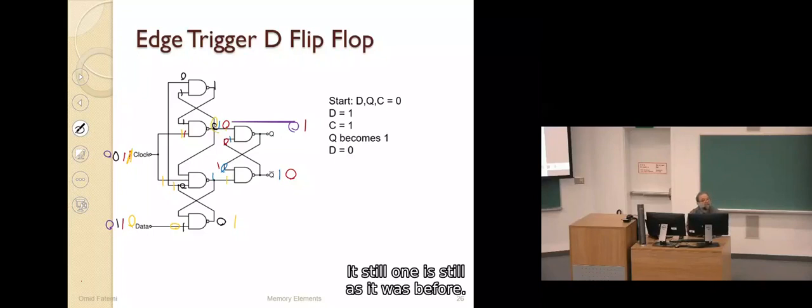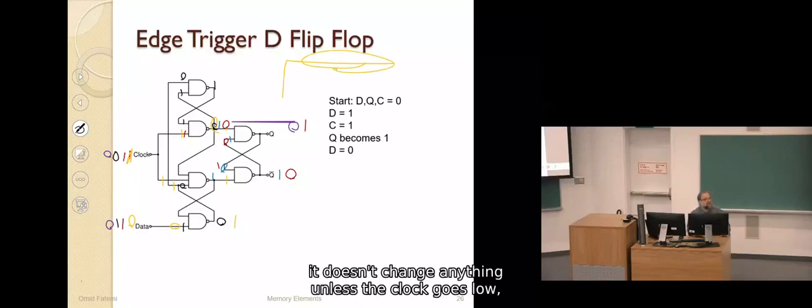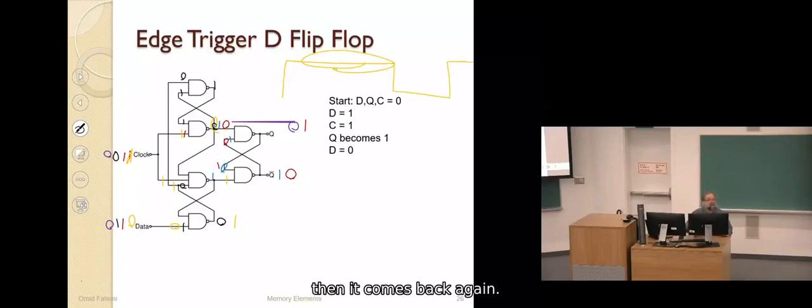It is still as it was before. So even if the data becomes low during the high level of the clock cycle, it doesn't change anything. Unless the clock goes low and then comes back high again. At that time, it works.